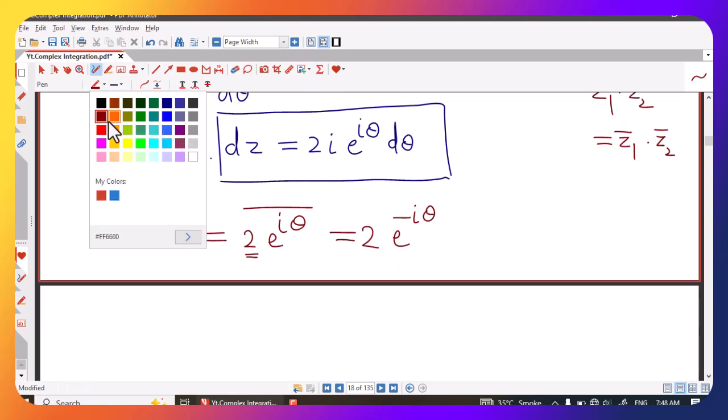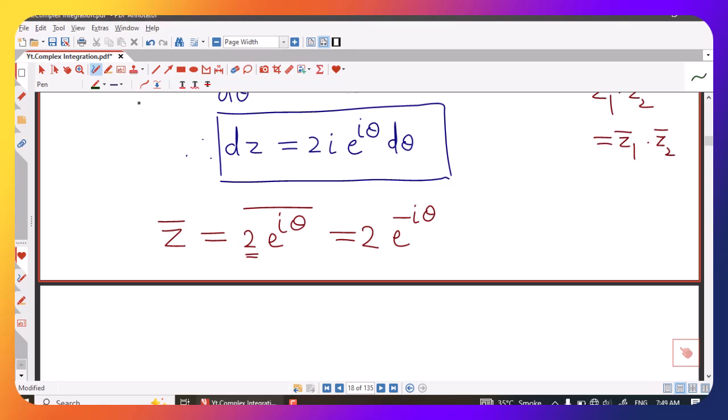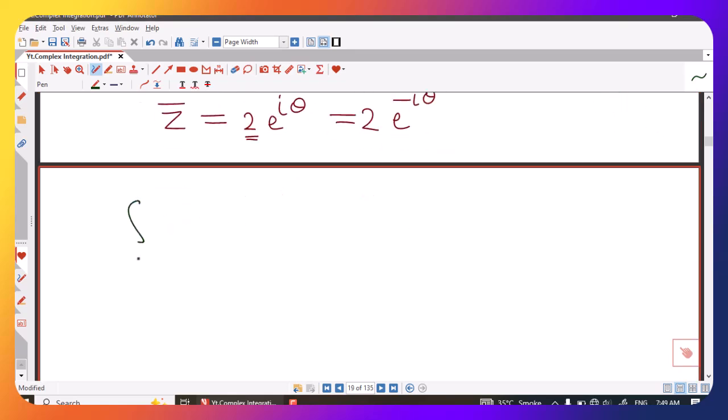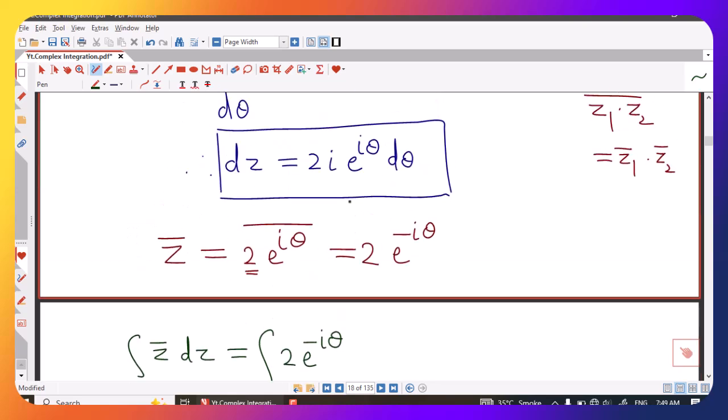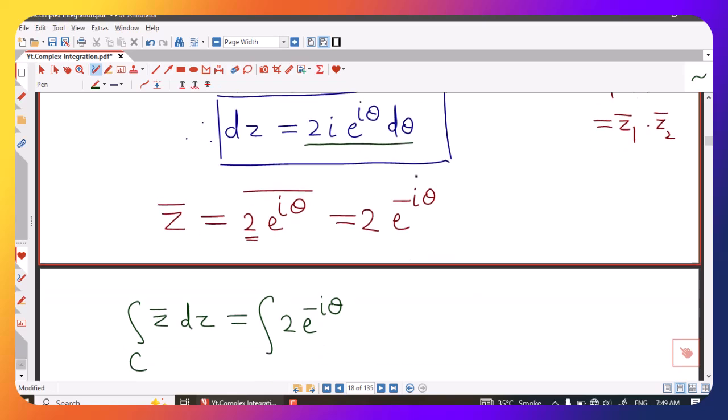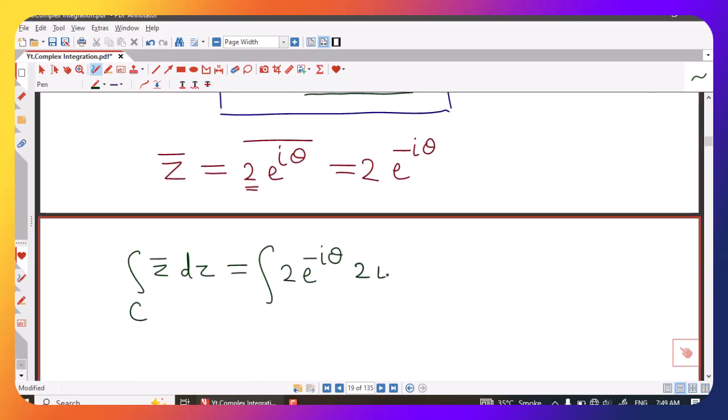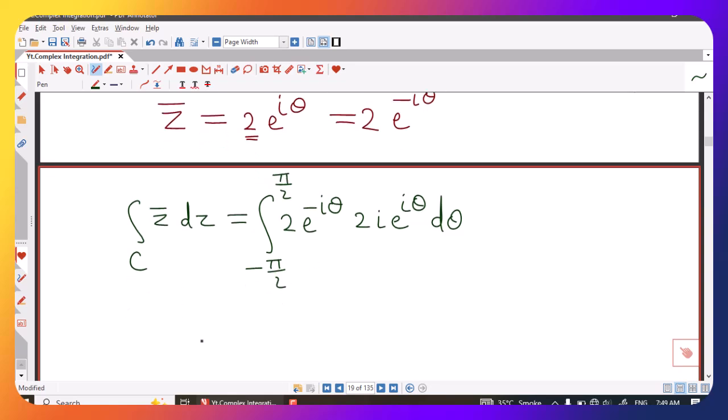So let me change the color here. Now I am writing the integral of z bar. This is going to be z bar, which is 2 times e raised to minus i theta, and dz is 2i e raised to i theta d theta, and theta is from minus pi by 2 to pi by 2 along the given contour.